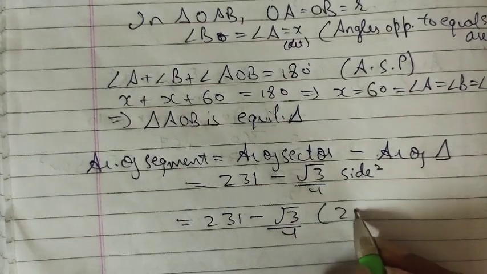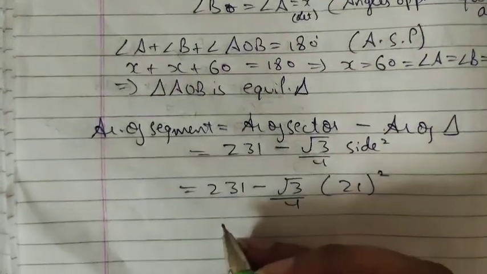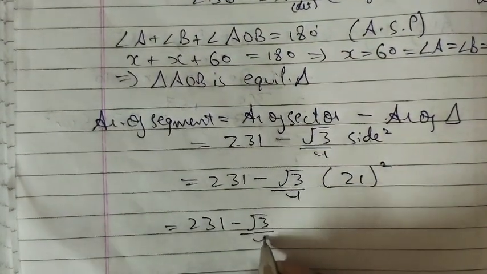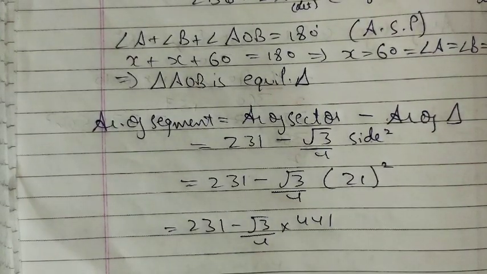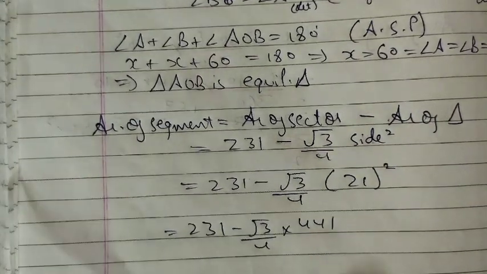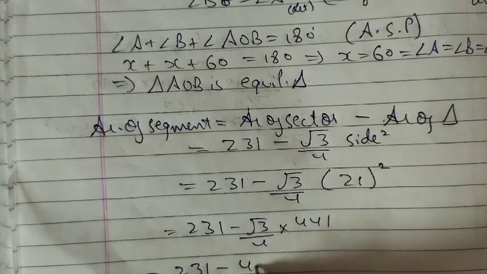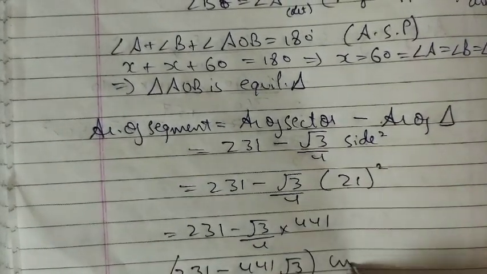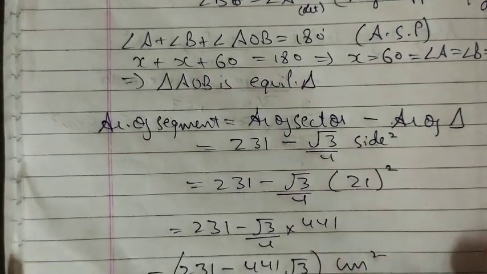Side value is 21 square, so 231 minus root 3 upon 4 multiplied by 441. The answer is in this form only, 231 minus 441 upon 4 root 3 centimeter square. This is our complete solution.